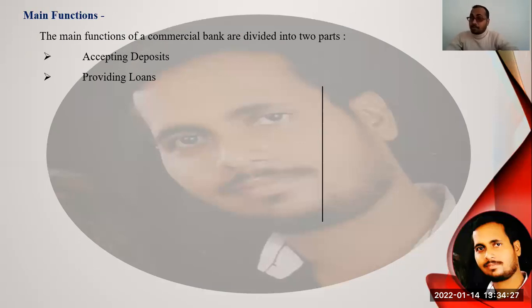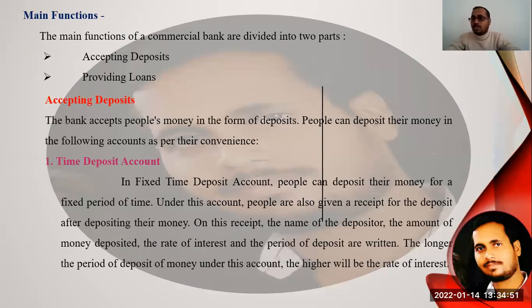Students, accepting deposits means deposits have various kinds, and each kind of deposit has a specific kind of account. So while accepting deposits, the bank provides various kinds of accounts. Now see each kind of account for deposits, students.